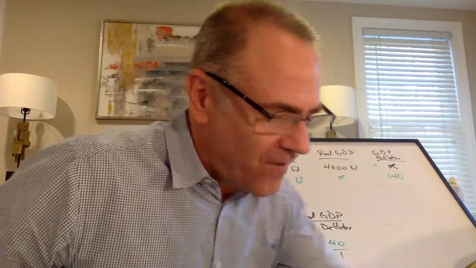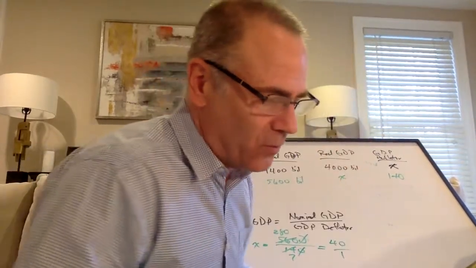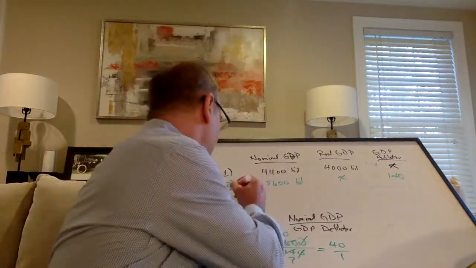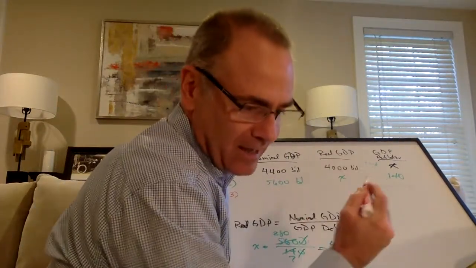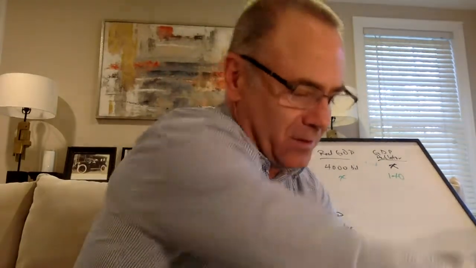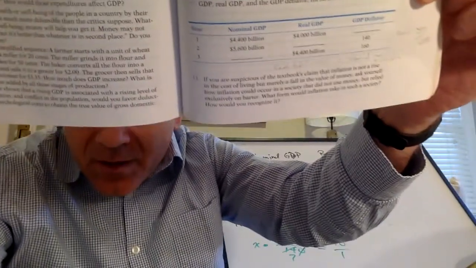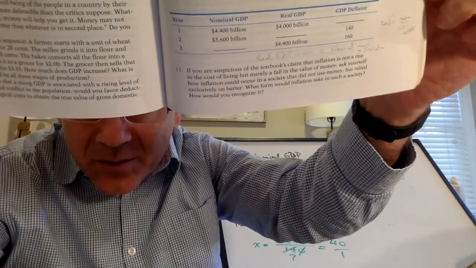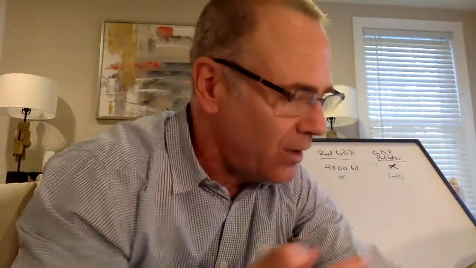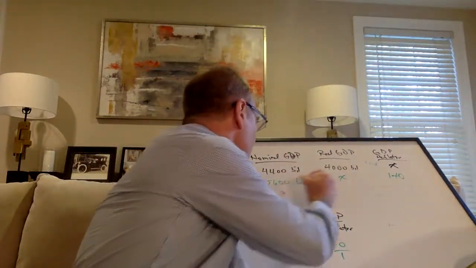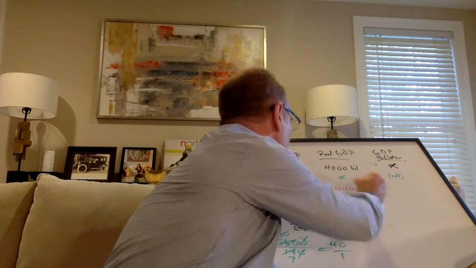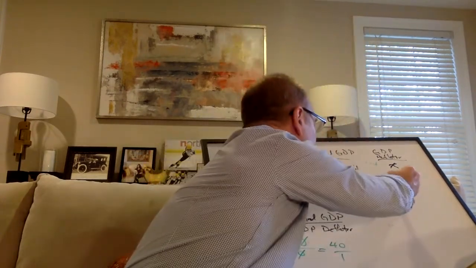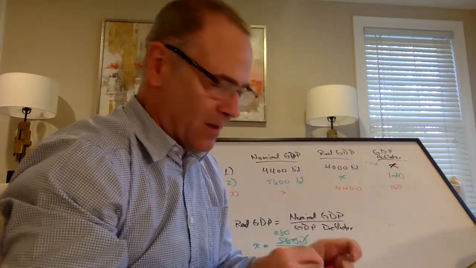Okay, final one, part C. I'll do this one in red. Nominal GDP is not given. Real GDP is 4,400. GDP deflator is 160.